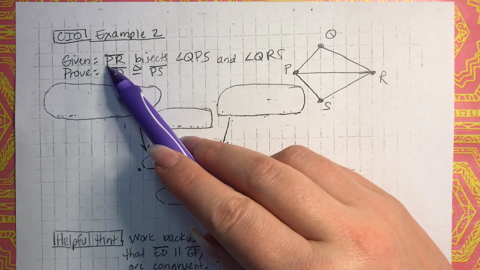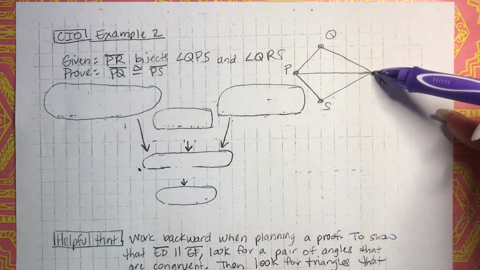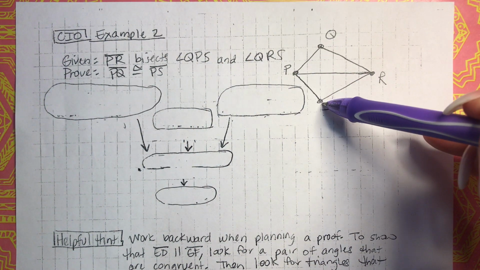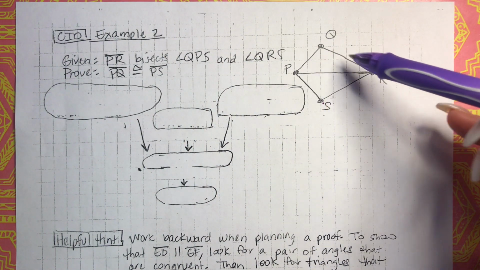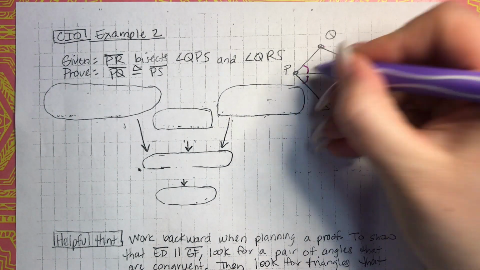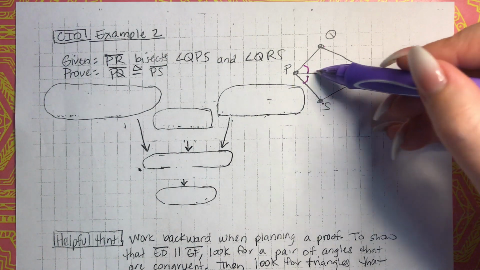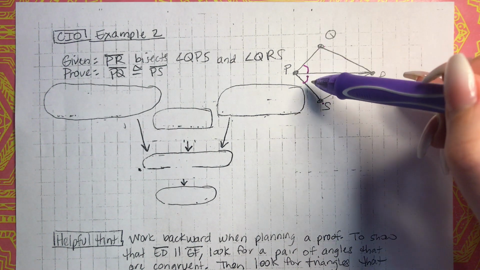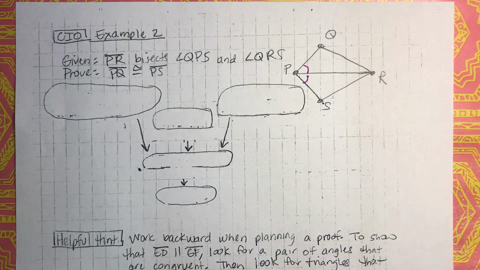Okay, so we have given segment PR bisects angle QPS. So PR bisects QPS. That means that this angle here is congruent to that angle, right? So we're given this information, then from that information we can say that those 2 angles are congruent. That's a 2-stepper.